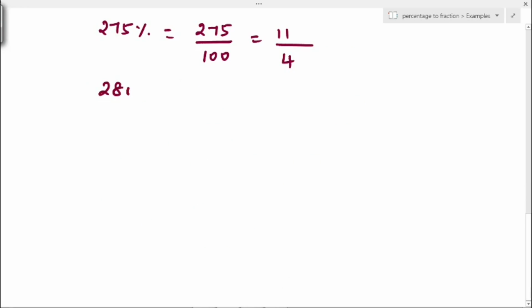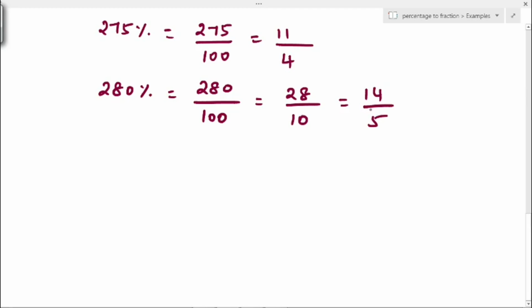Next, suppose we have 280%. It can be written as 280 divided by 100. This can be written as 28 divided by 10, because one 0 will get cancelled. So we have 28 by 10. If you divide it by 2, you will get 14 divided by 5. So the fraction value is 14 divided by 5.